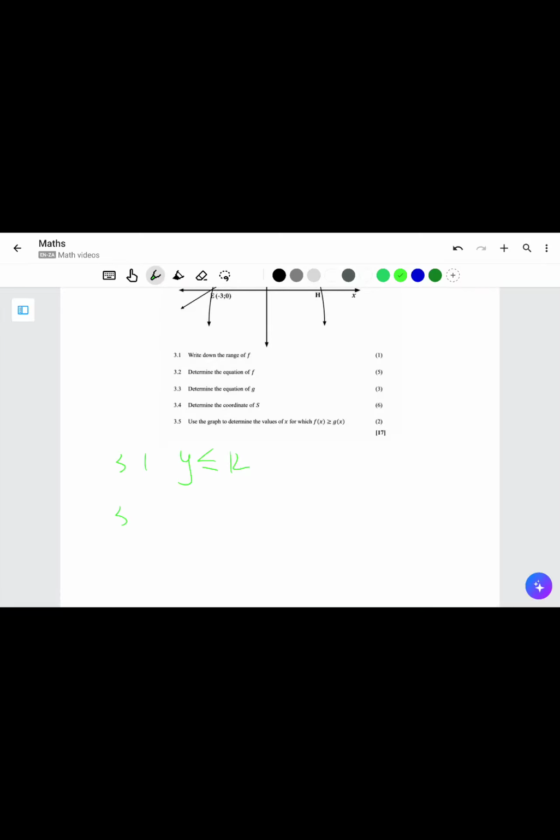We can say 3.2, using point K. I can now say that 12 equals 0 plus q.